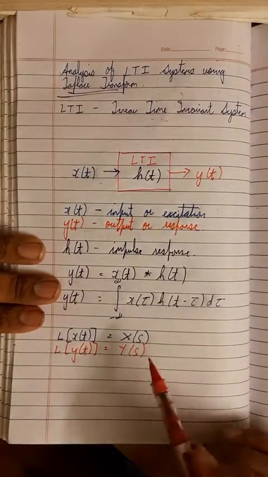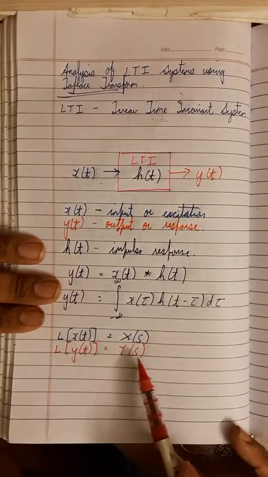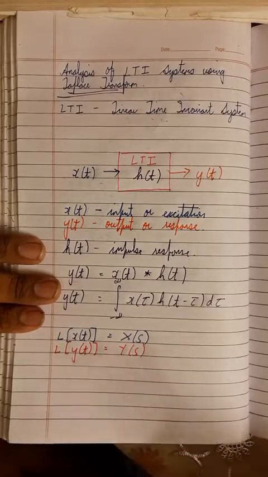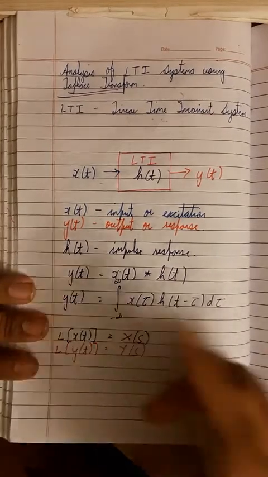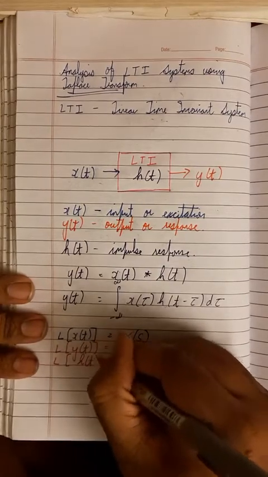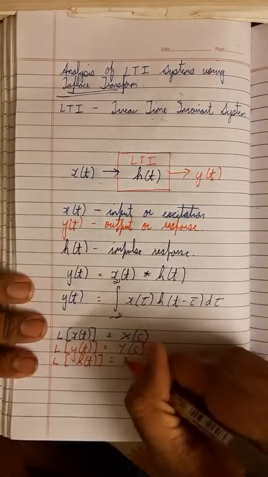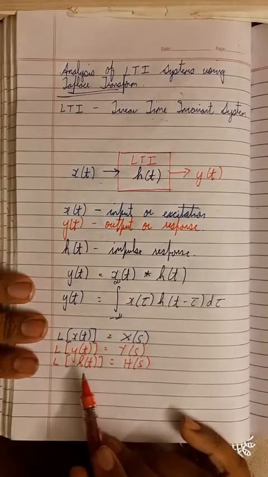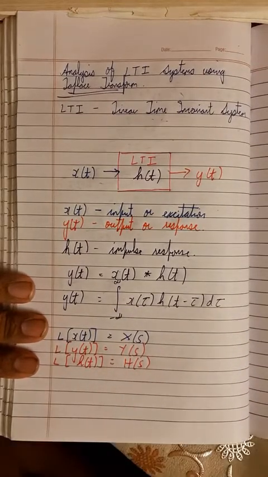So this is the Laplace transform of the input signal and this is the Laplace transform of the output signal. And let the Laplace transform of h of t be defined as H of s.